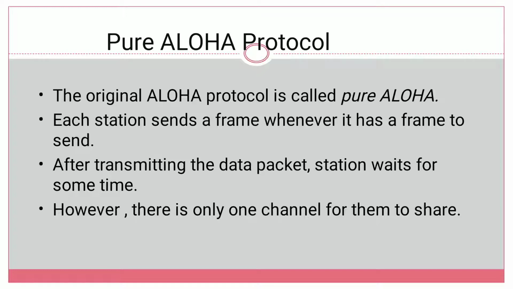When the data packet is correctly received at the receiver side, the receiver starts sending the acknowledgement to the sender. That's why the sending station waits for some time after transmitting the data packet.